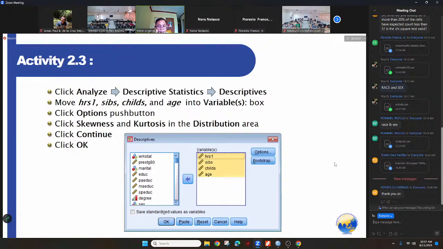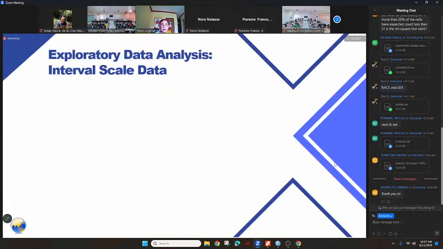I think this is still GSS 2002. Click Analyze, Descriptive, and then transfer the variables rs1, sieves, childs, and age into the variables box. And then click Options and check skewness and kurtosis. Then click Continue and then OK.